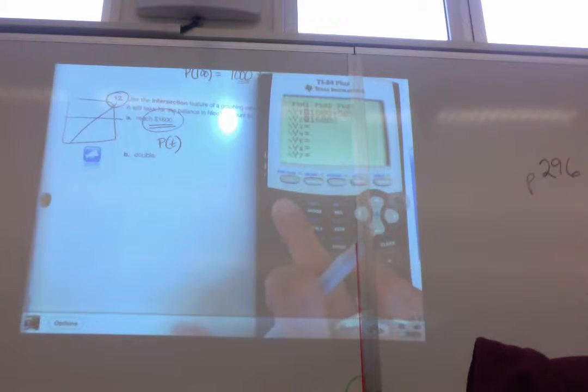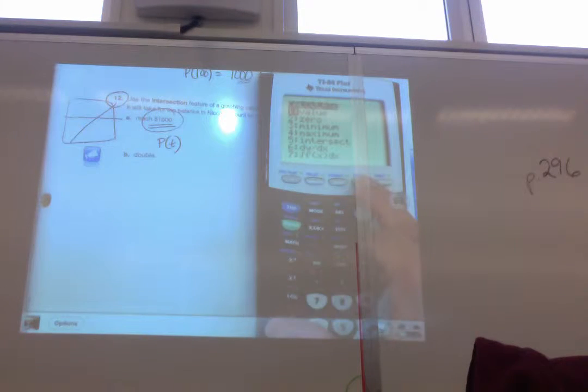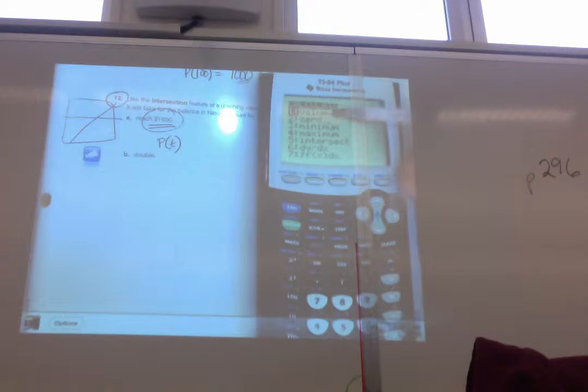Who remembers? Second, calc, intersect. Oh, good. You guys see the intersect? I went second, calc. We used the value feature a lot, and we used this intersect feature back in the day. So go down to 5, where it says intersect, press enter.